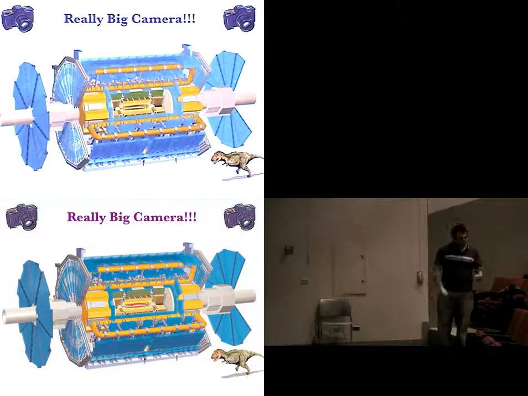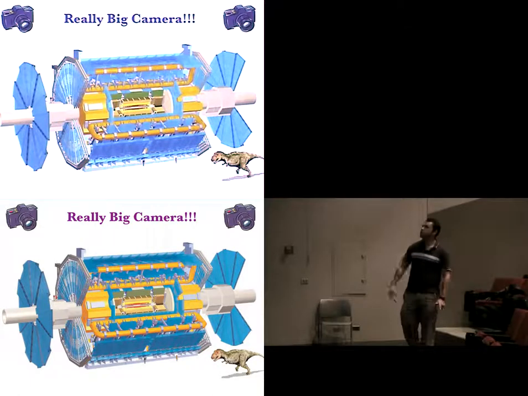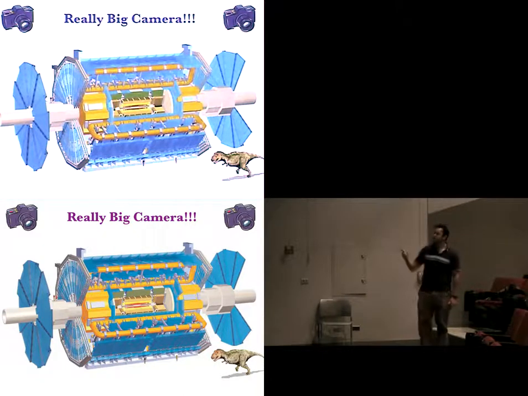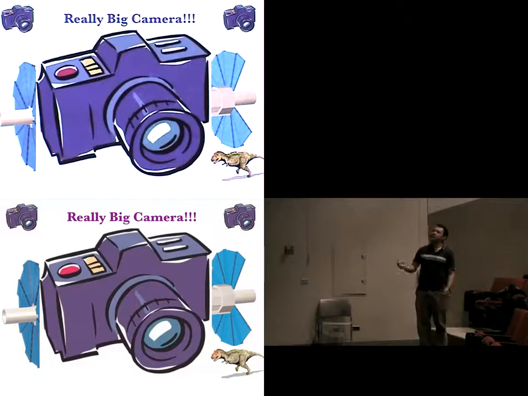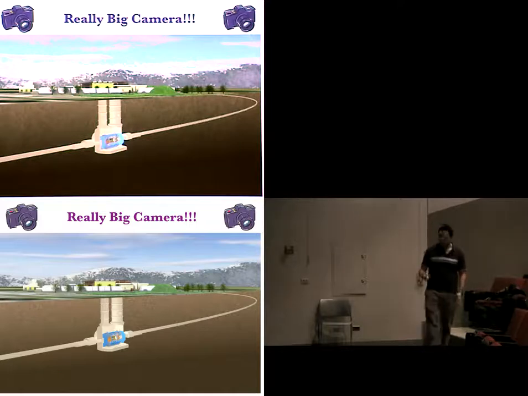So we have to have a big cannon, and we also have a very big camera. And so this is a picture of the camera. So you can see that it's enormous. This would be the size of a dinosaur relative to the camera. These are tiny things for people. And this is really a complicated thing, but you should just think of it as a giant camera.